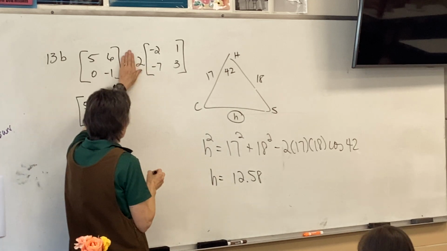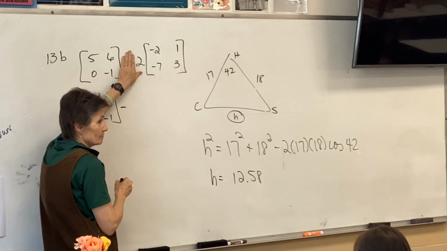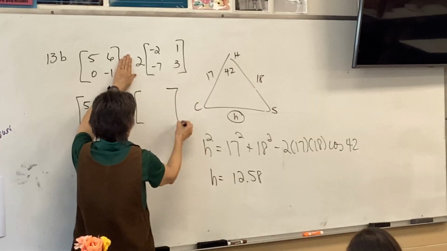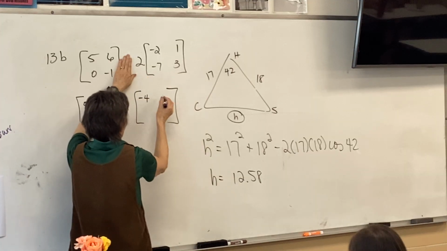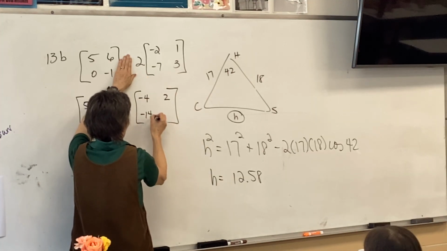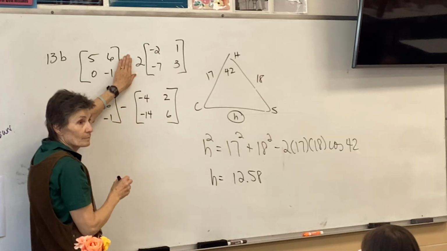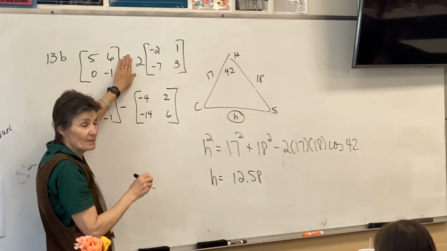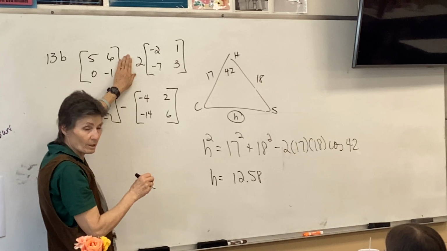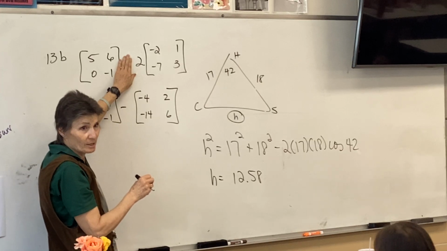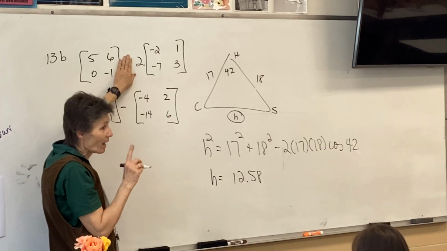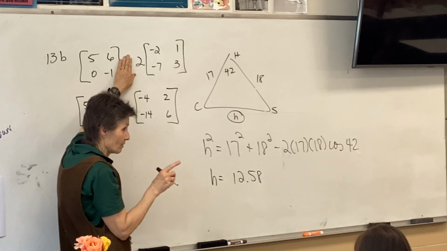If I keep it a subtraction, I'm going to multiply by 2. If you multiply it by negative 2, then it's not a subtraction anymore, it becomes an addition. It doesn't matter which way you do it, but you have to do it one or the other.